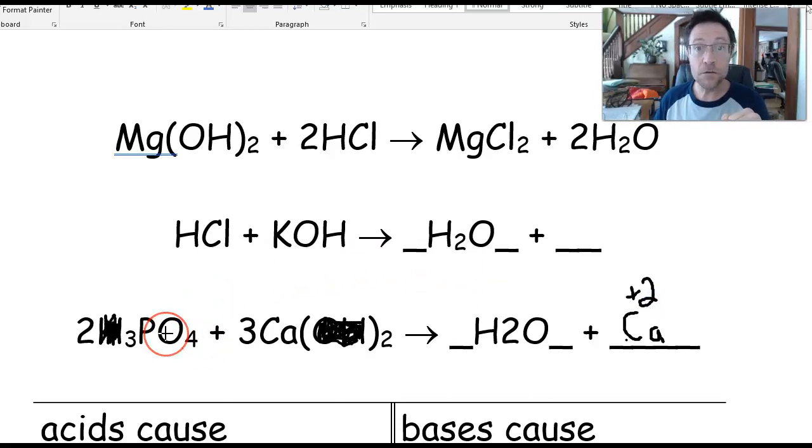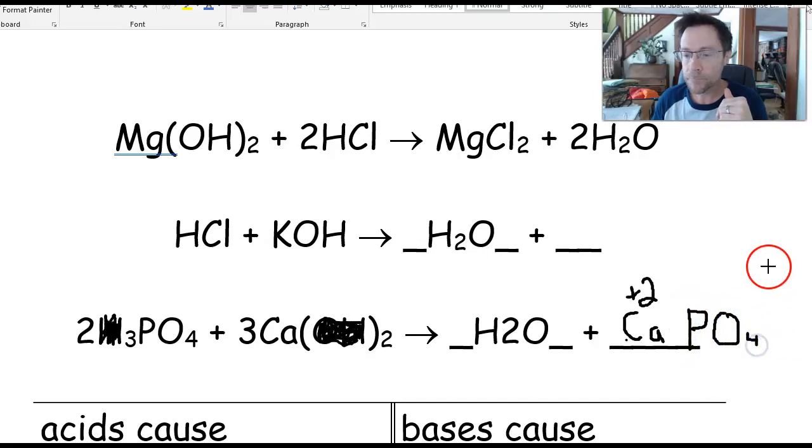Same thing with the PO4. I honestly don't remember what the PO4 charge is. I'm lying, but I'm pretending. I know that that's going to be my anion, so I'm going to do P. Does it make sense?